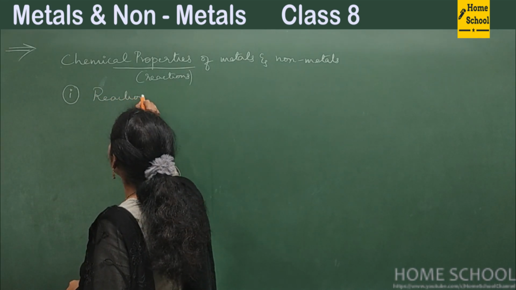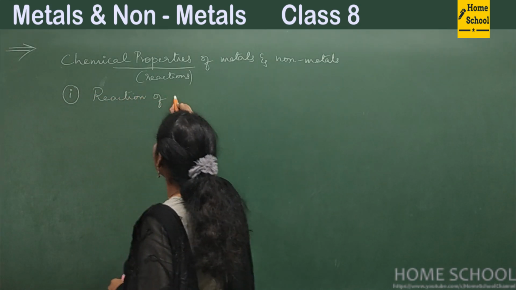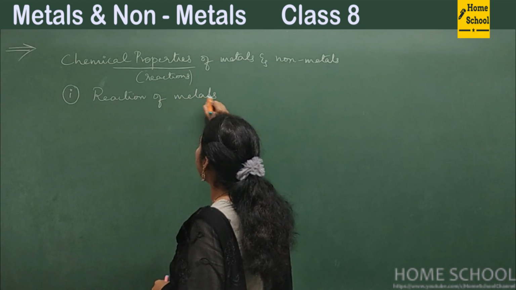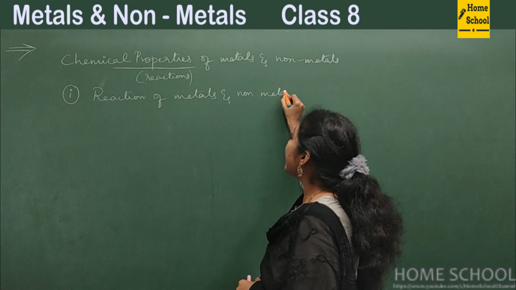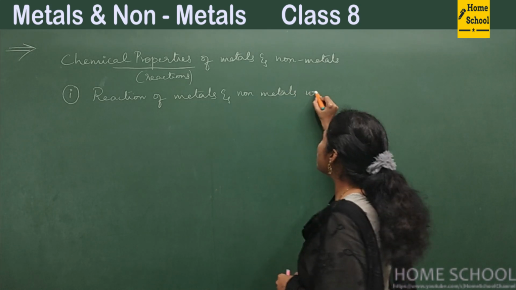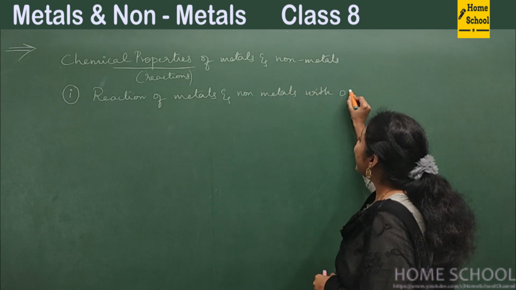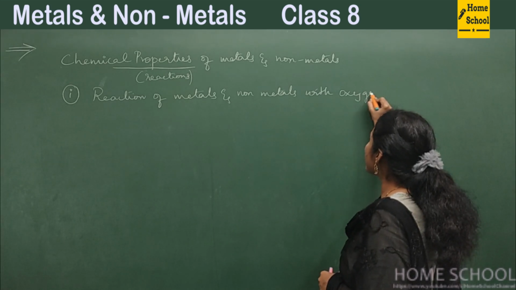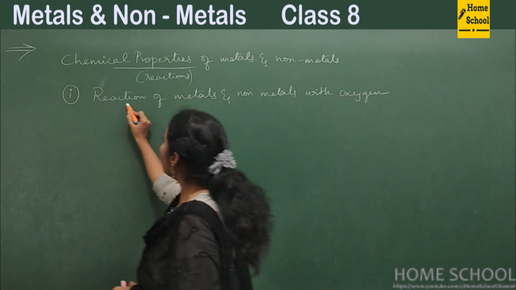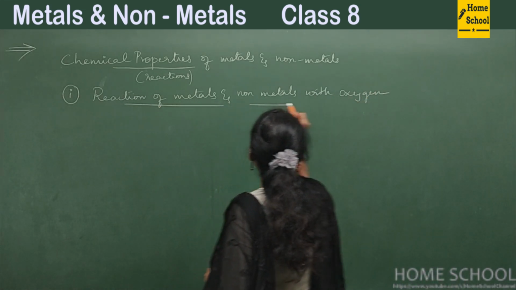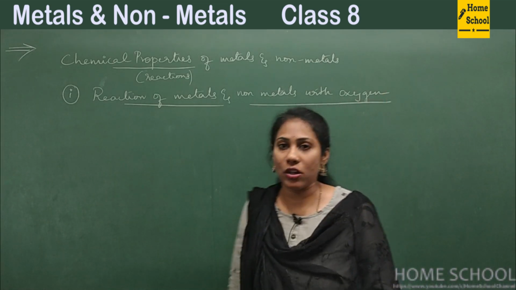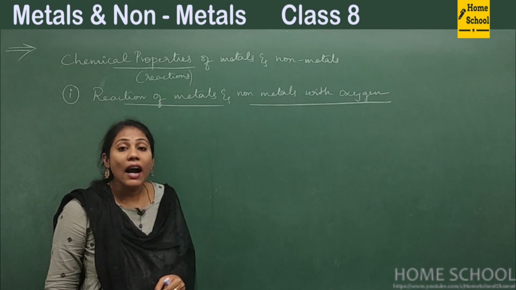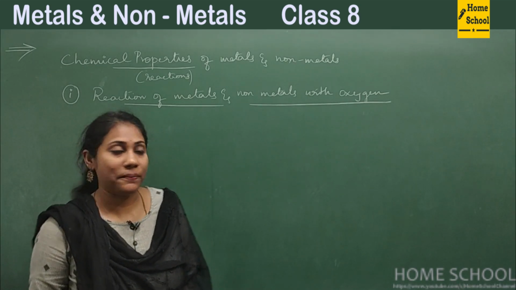Reaction of metals and non-metals with oxygen. Oxygen is everywhere in our atmosphere, right? So usually metals and non-metals can react with this oxygen. Let us see how they react with oxygen.